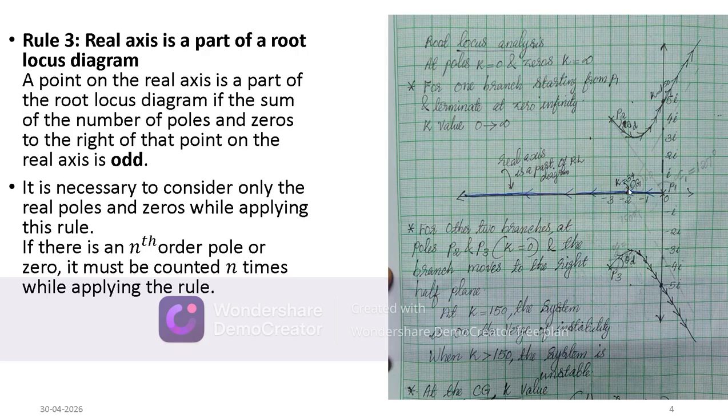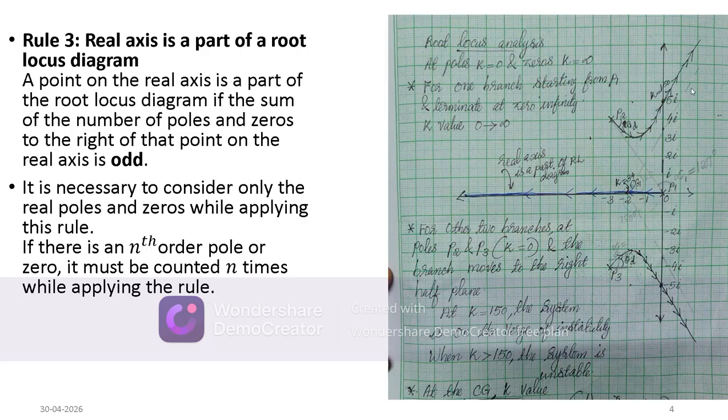In order to draw the asymptotic lines, you place a protractor here, find 60 degrees, mark here and draw a dotted line. So by using the protractor, we can mark the asymptotic lines.